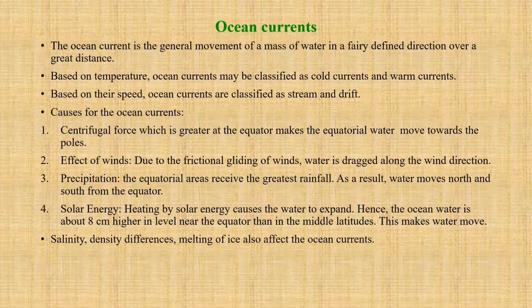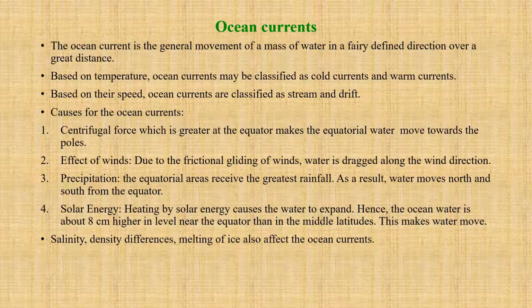When we consider temperature, there are two types of ocean currents. In other words, based on temperature, ocean currents may be classified as cold currents and warm currents. Warm currents flow towards the poles, cold currents flow towards the equator.